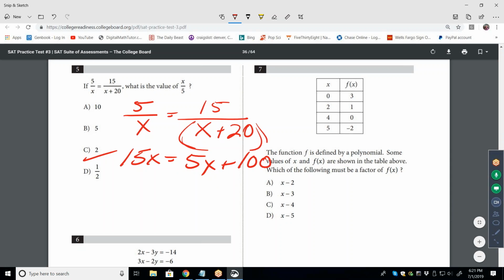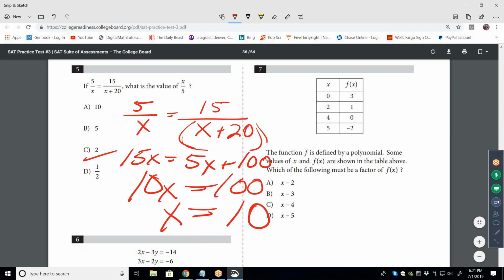It's the next step. Okay, give me the next line. Okay. If x equals 10, what's x over 5 equal? There you go.